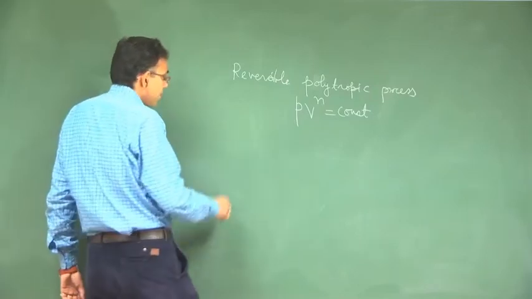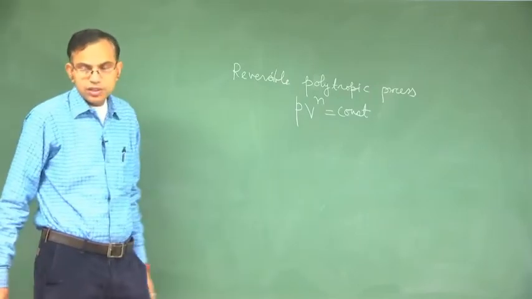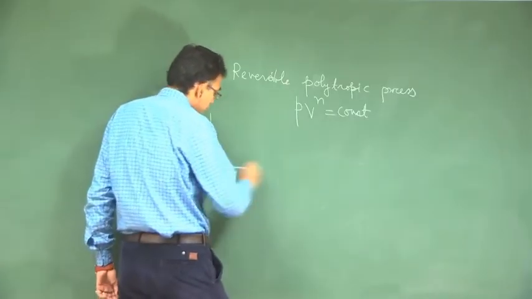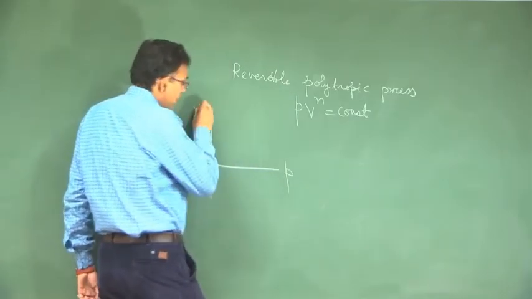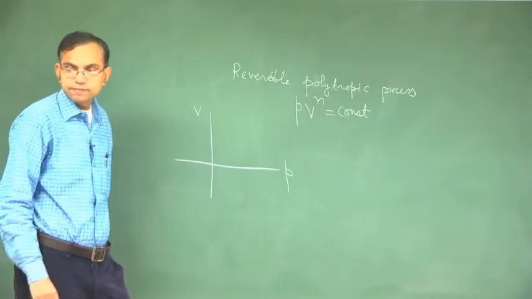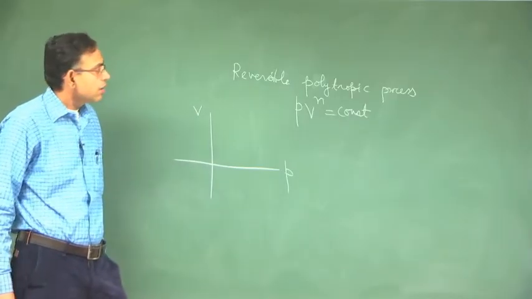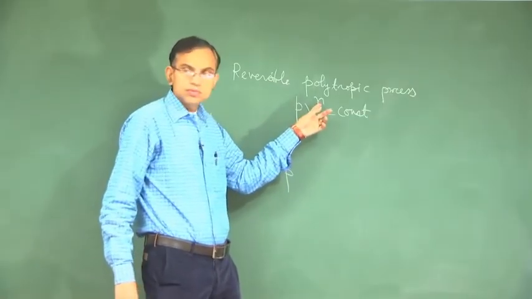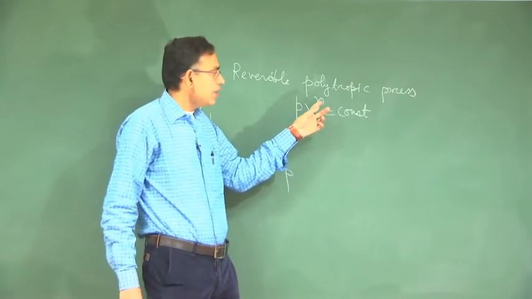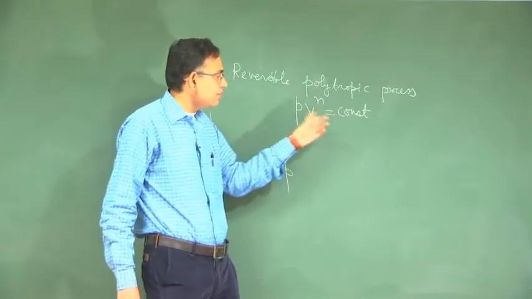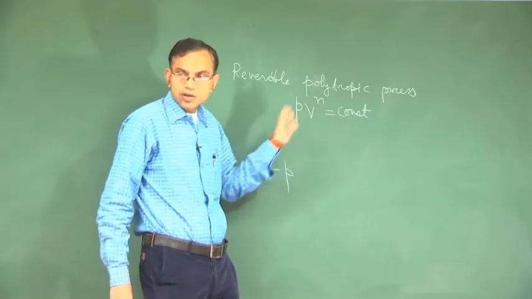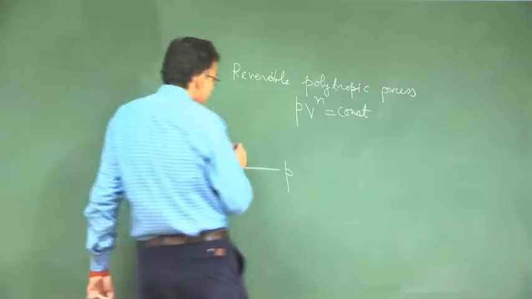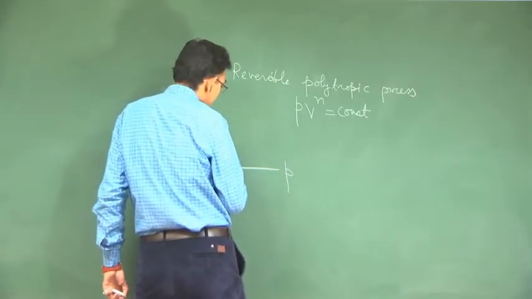So, if you now try to draw a PV diagram describing all these processes, first of all let us take the two limits of constant pressure and constant volume, they are easy to draw.